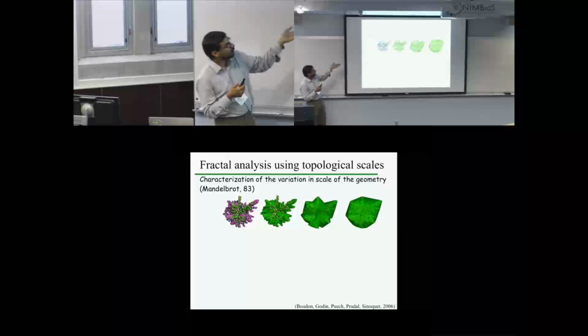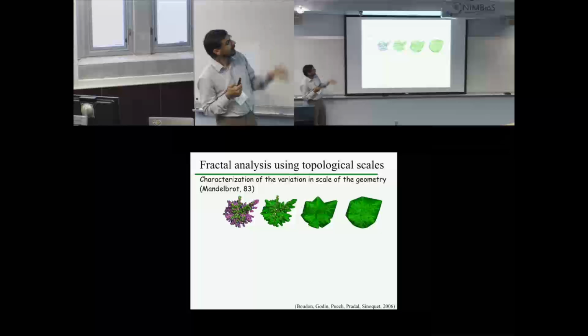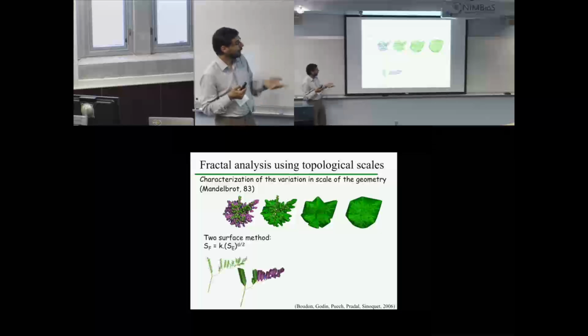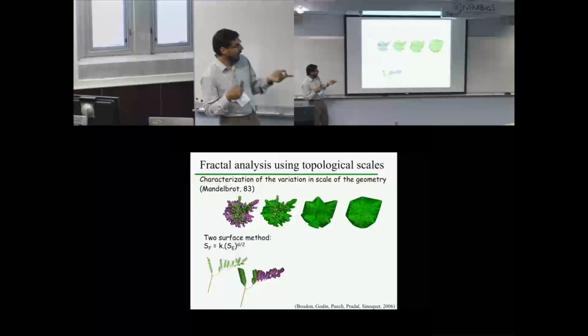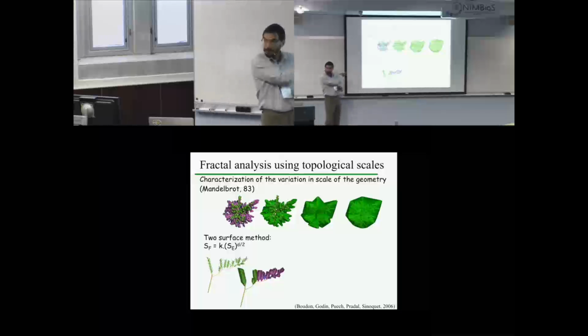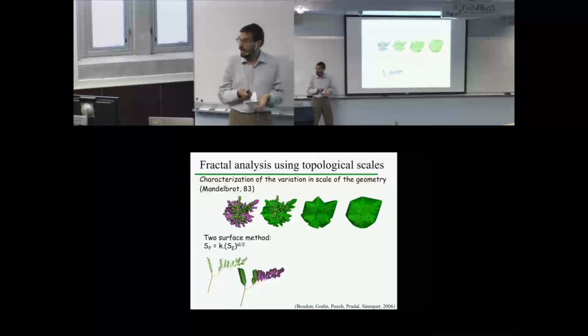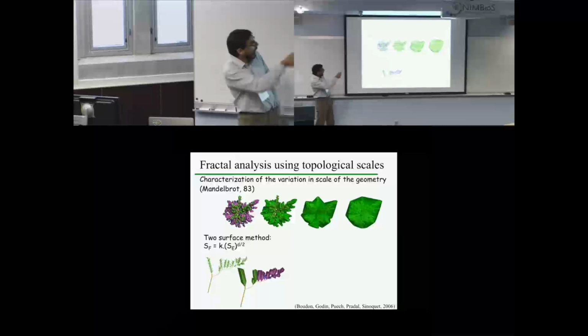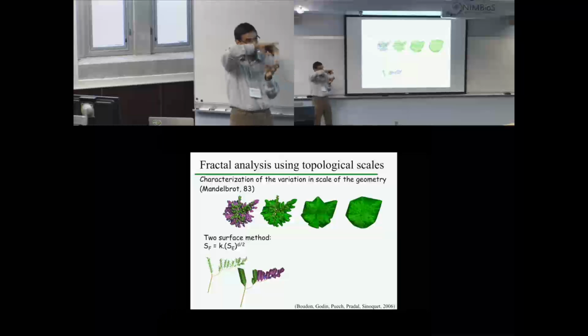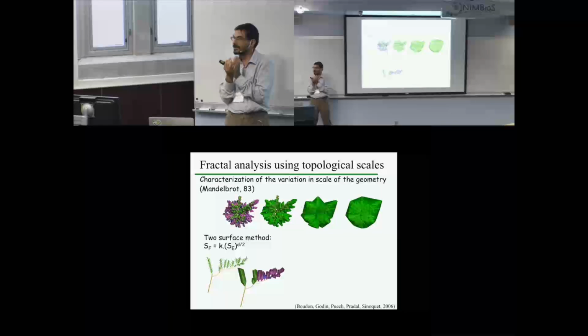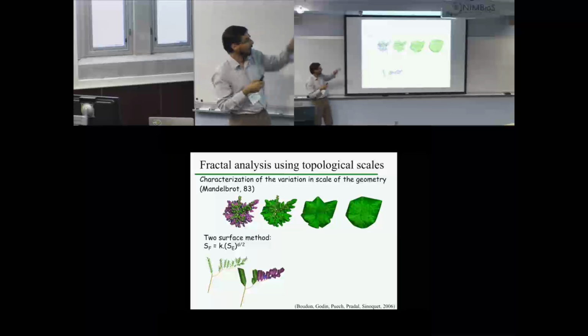So we want to characterize the geometry, and to do that, we use the topological information, and we compare both the leaf surface with the envelope surface at different scales. That is, at the shoot scale, for each shoot system, you have a set of leaves, and we compute the convex hull of these leaves, and we have the surface of the envelopes.